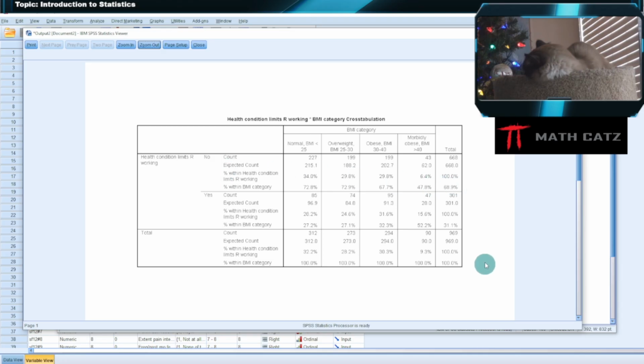So overall here, out of the 969 that responded yes or no, we have 668 with no health conditions and 301 with some health conditions. Now we're asking, okay, there's a bunch of them in the normal group, overweight group, obese group, and so on.